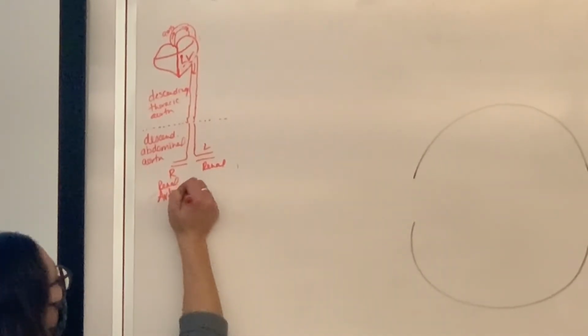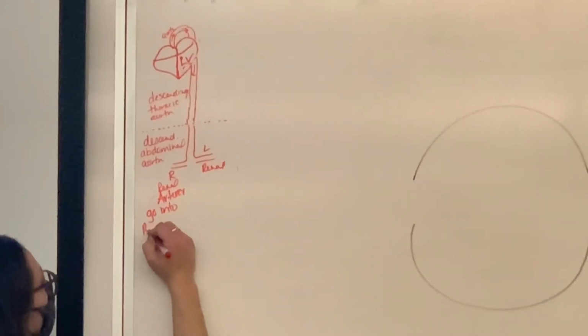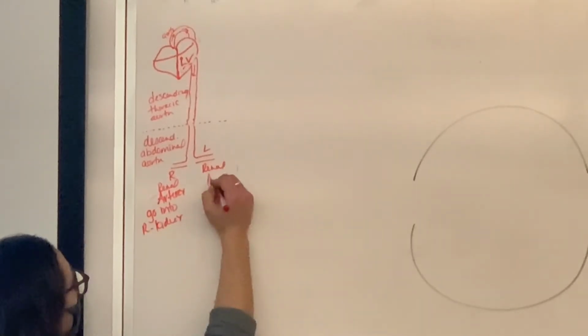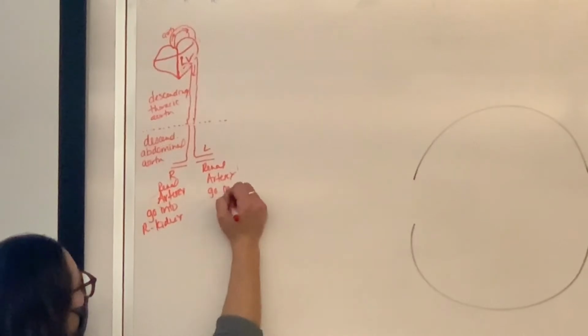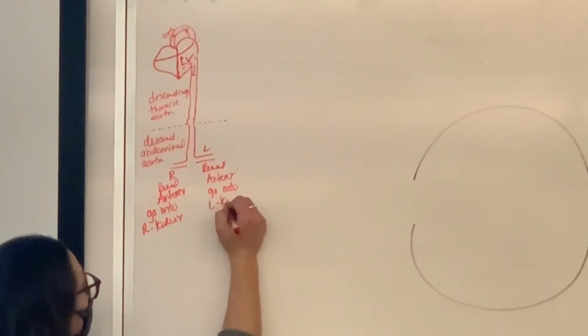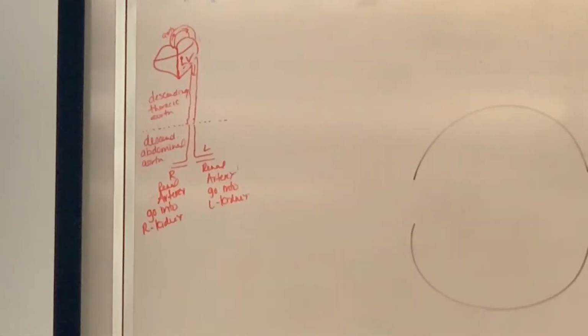You've got a right renal artery that's going to go into your right kidney. You have a left renal artery that's going to go into your left kidney. So that's how we get blood into each kidney.